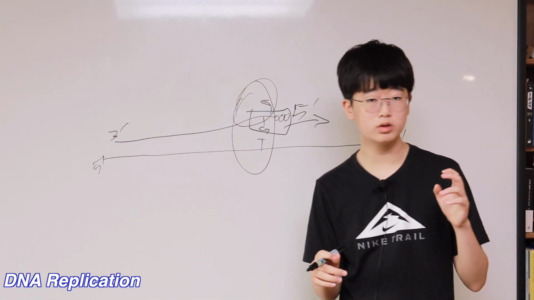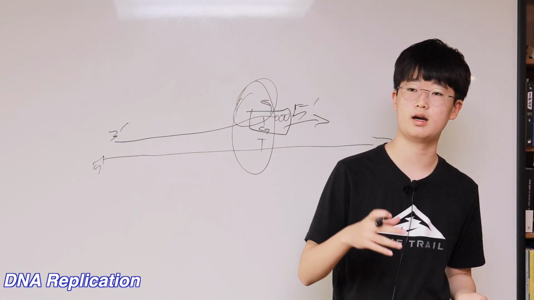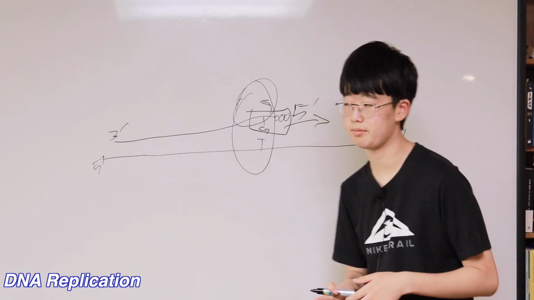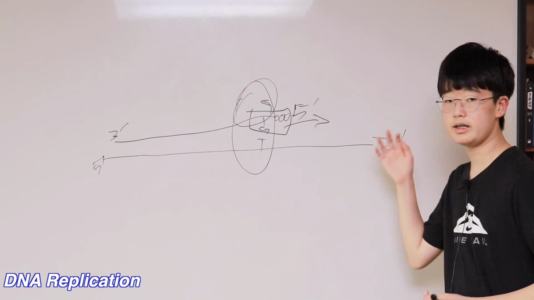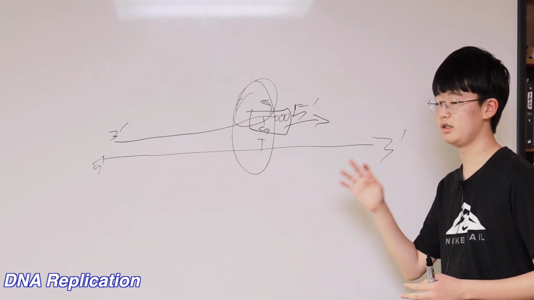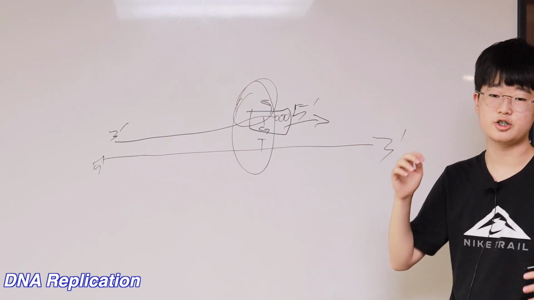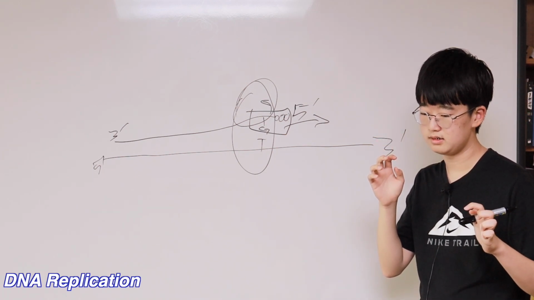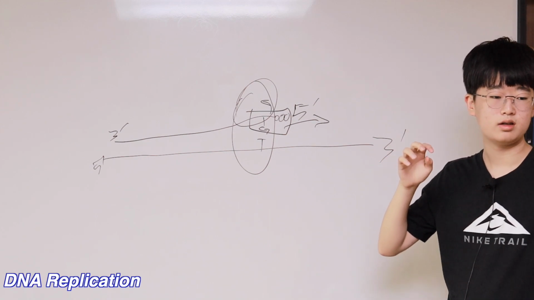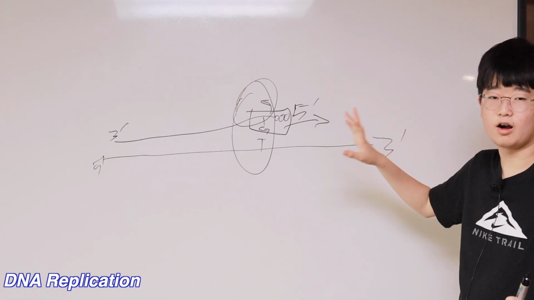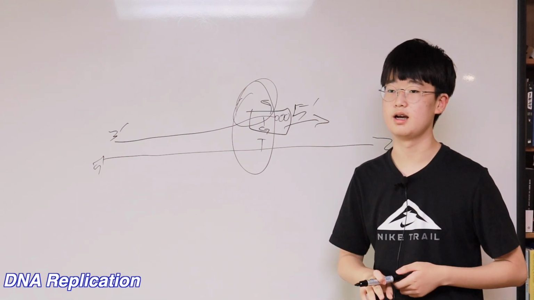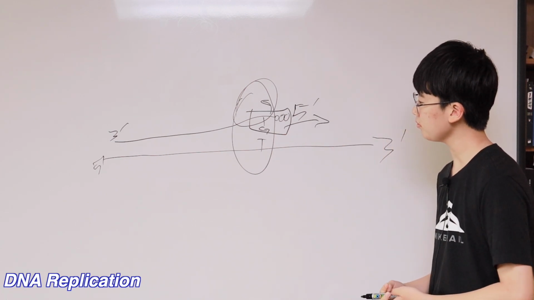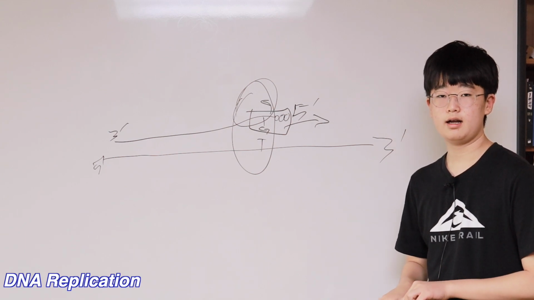But still there would be mistakes, and that's why mutations happen and evolution happened. But DNA replication tries to be as accurate as possible.